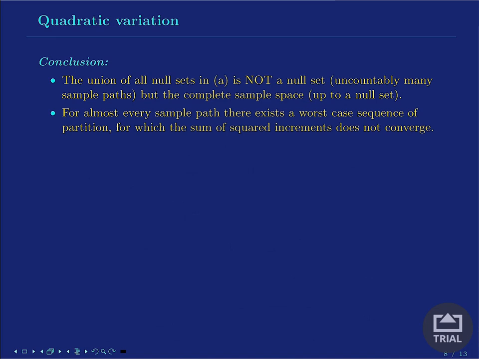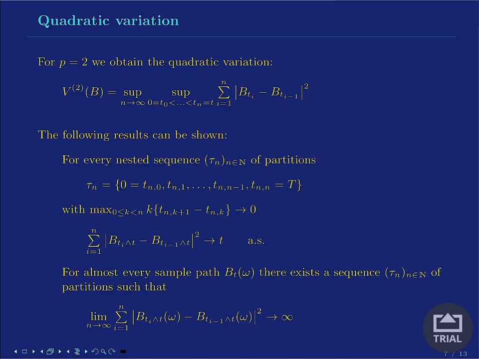So what the problem here is, that the union of null sets is not a null set, as we have uncountably many sample paths. So for each sample path we have a worst case scenario which has probability 0, as has every sample path.